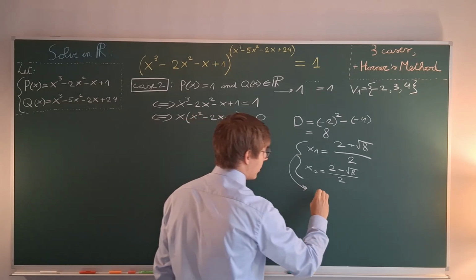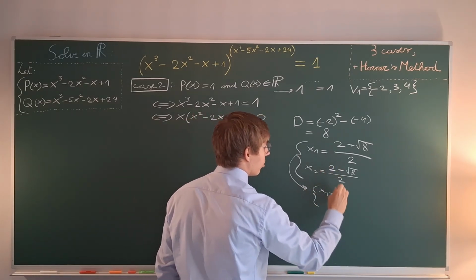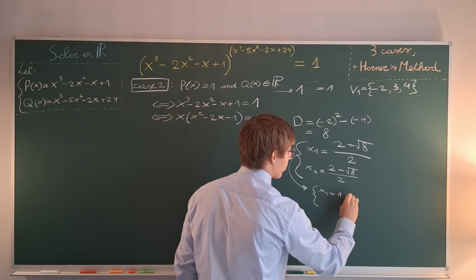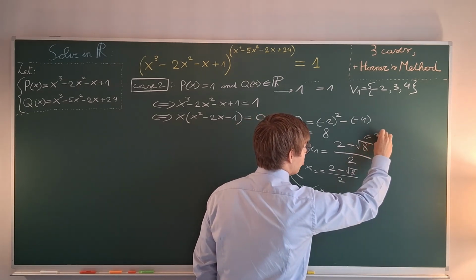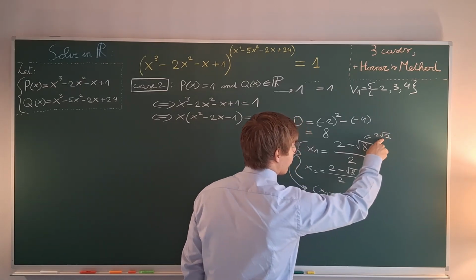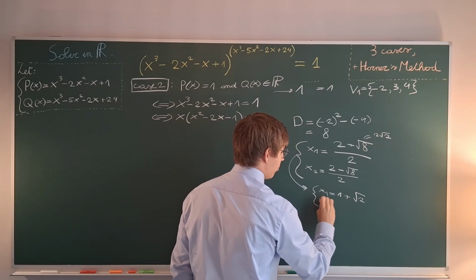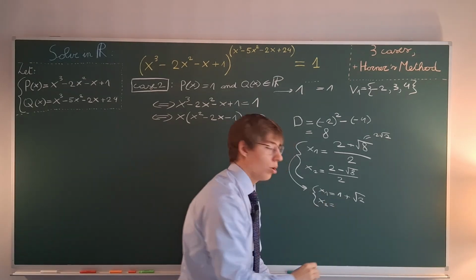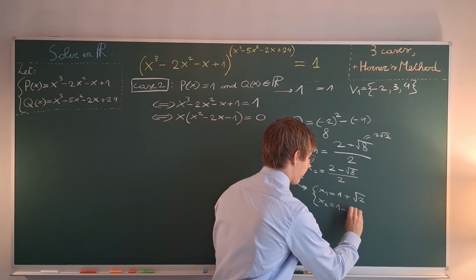So this gives that x1 is equal to 1 plus, and this we can write as 2 root 2, so this becomes root 2, and x2 is equal to 1 minus the root of 2.